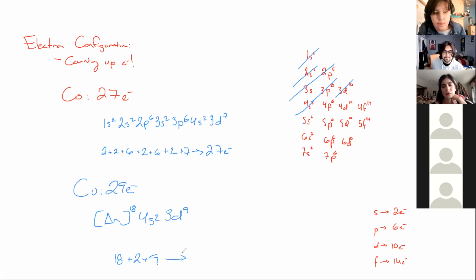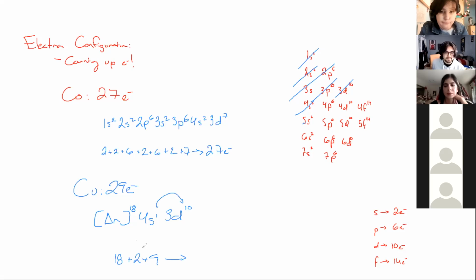It's unstable in the 3d. It has 9, it's very close to having a full subshell. So what does copper do? It goes to 4s1, 3d10. Yes. What copper does is it pulls 1 electron and puts it in its d subshell. So it's 4s1, 3d10.